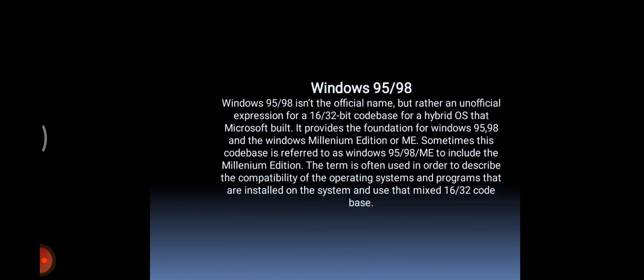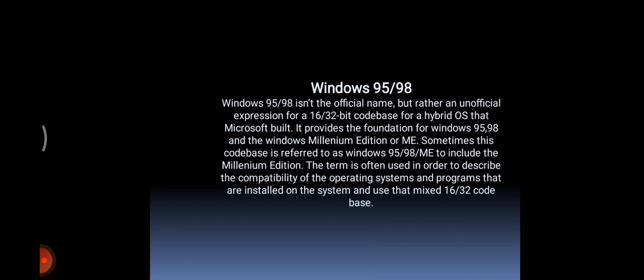The next one is Windows 95 and 98. Windows 95 or 98 isn't the official name but rather an unofficial expression for a 16/32-bit codebase for a hybrid OS that Microsoft built. It provides the foundation for Windows 95, 98 and the Windows Millennium Edition, or ME for short.